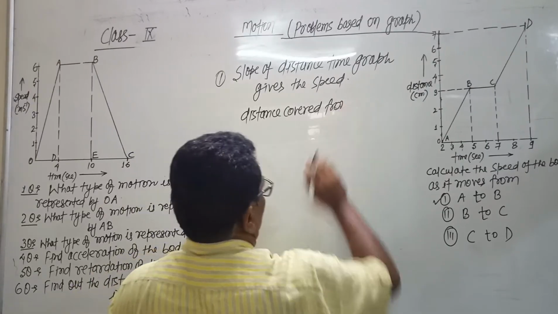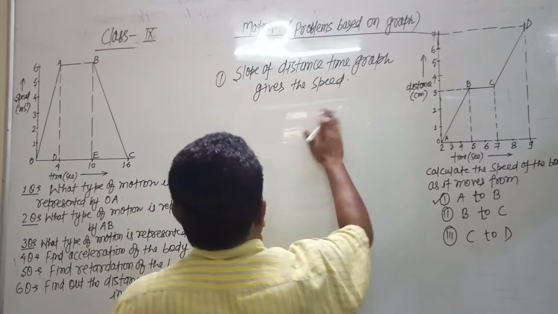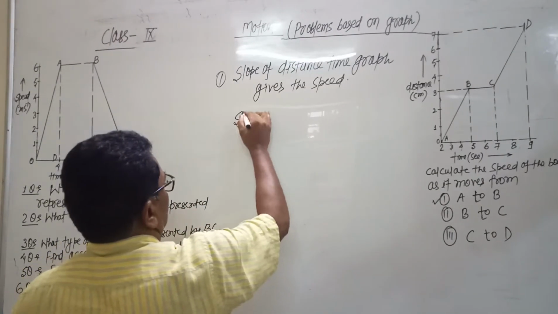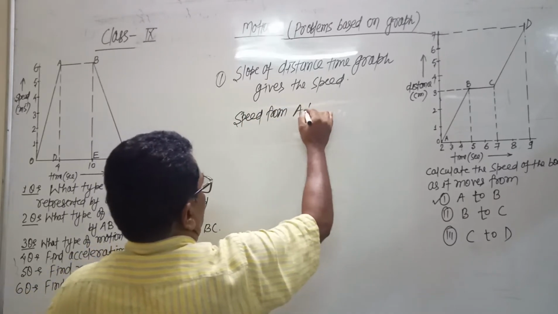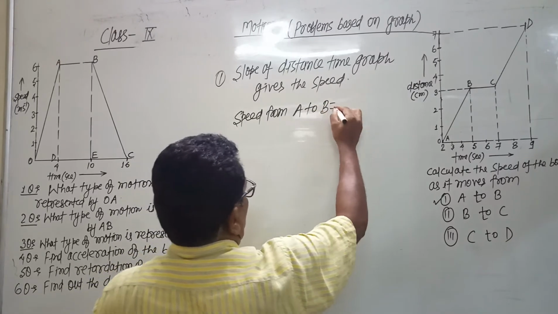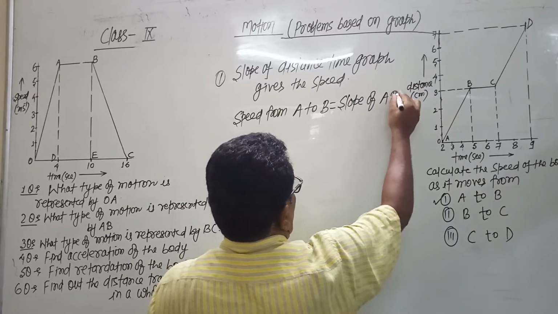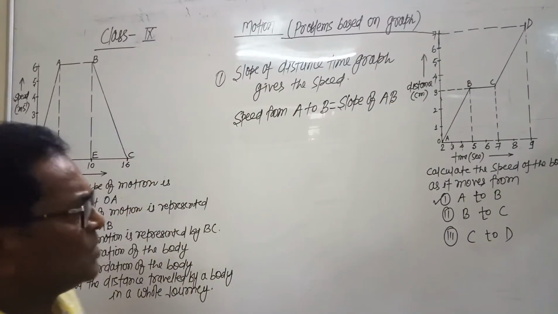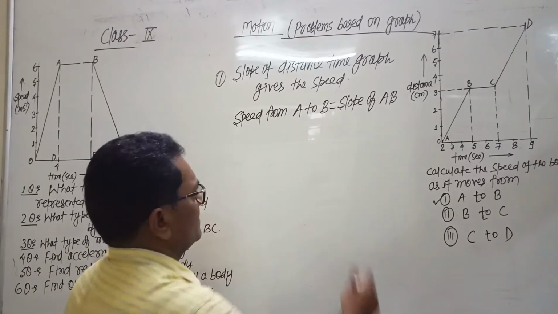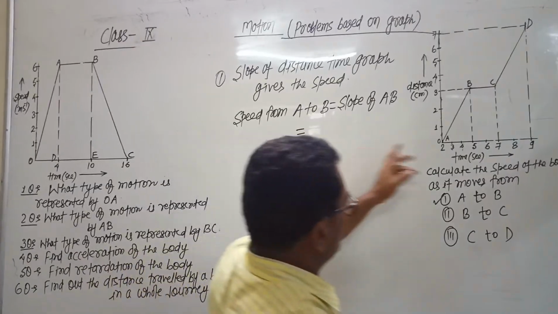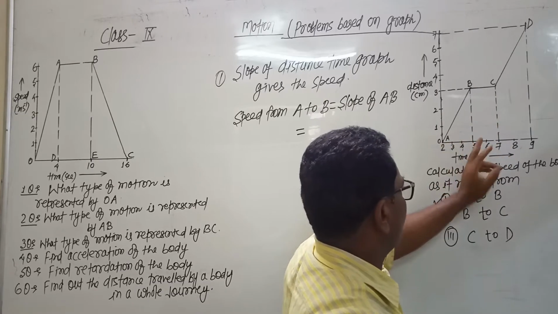We have to find the speed of the body from A to B. So speed from A to B is equal to the slope of graph AB, and we know the slope of graph AB is given by perpendicular upon base.